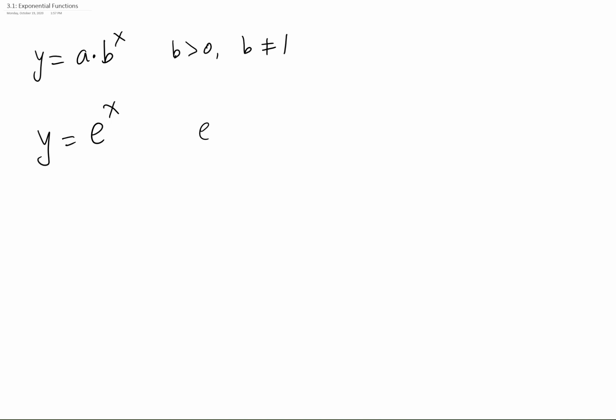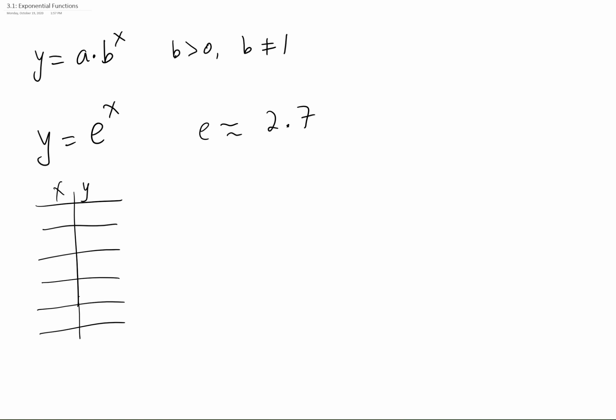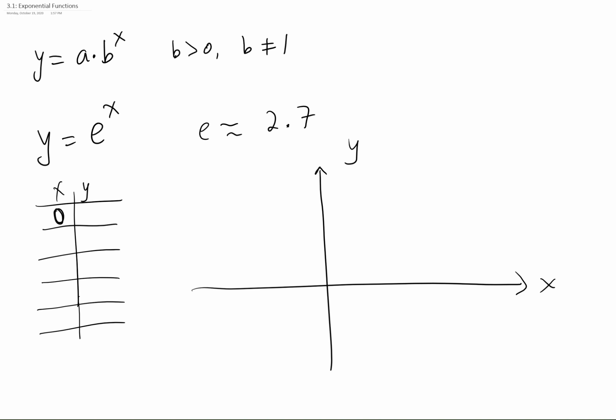E, you know what e is, about 2.7. And what I'm going to do here, I'm going to graph y equals e to the x. To graph this, I'm going to use the t-chart. So one value that comes to mind, take x equals 0. E to the 0, any number to the 0 is 1.